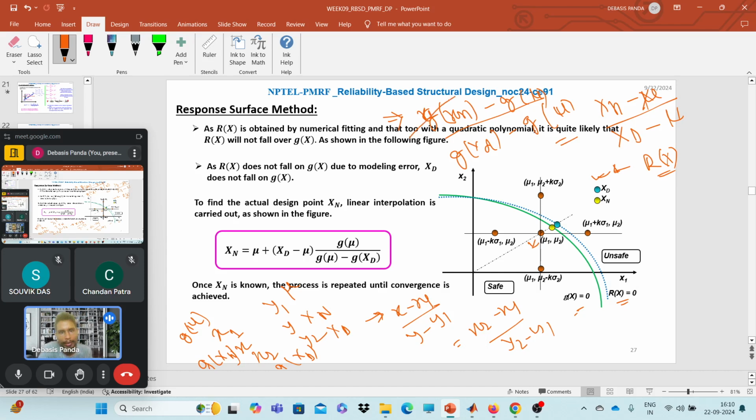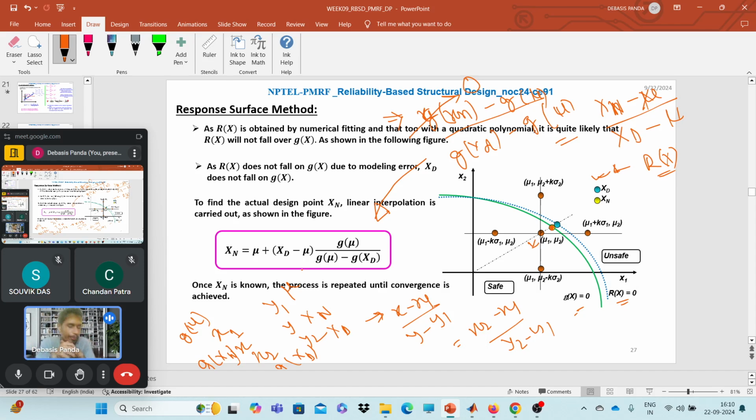Here g of xn will be equal to 0 because the xn point, you can see this point will fall over the limit state, and we know that g of x is equal to 0. So if this goes to 0, solve this equation and you will get xn. So after getting the final results, we need to go for the extra steps.